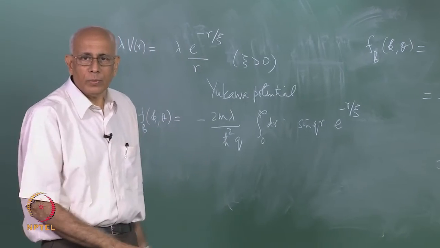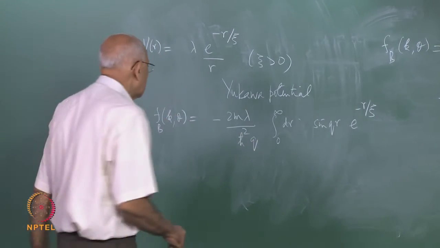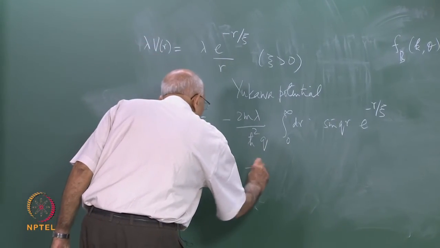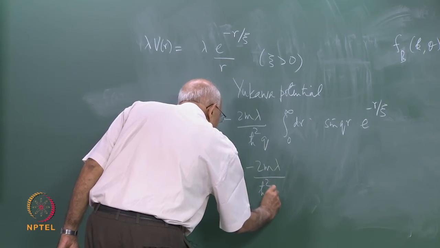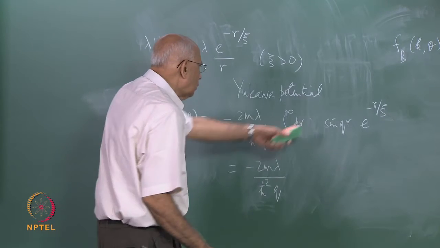That integral, of course, we know the value. So what's this equal to? Minus 2m lambda over h cross squared q. And what's the value of this integral?